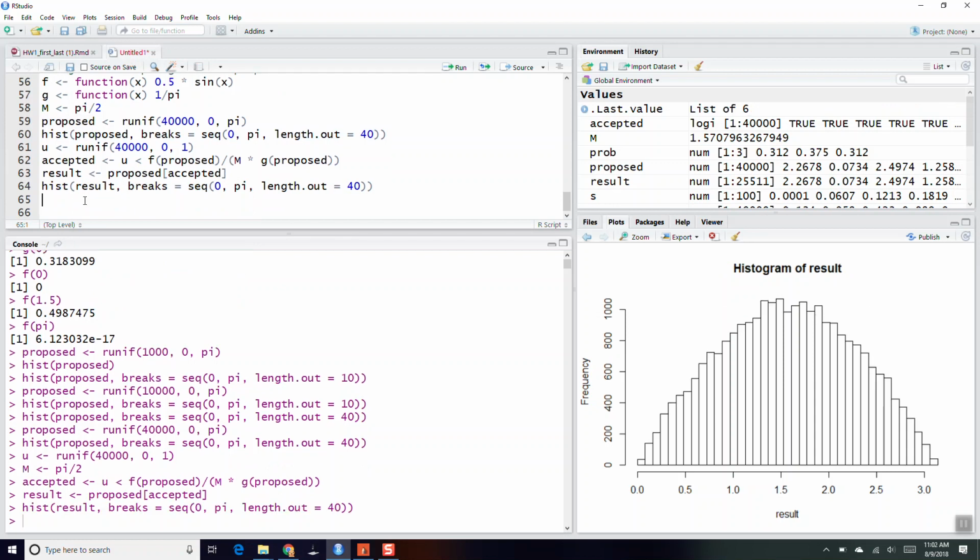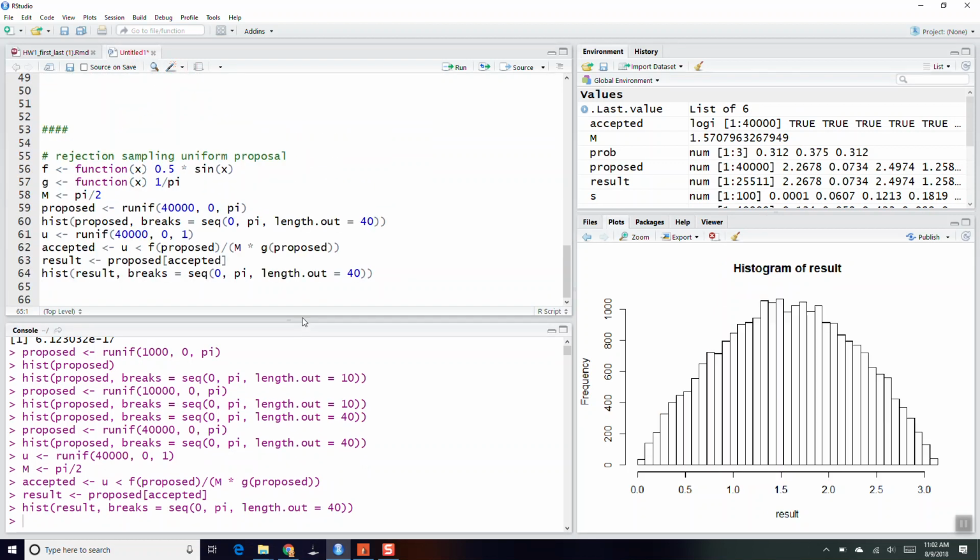Okay, and this looks a lot like the desired PDF. Okay, does this make sense, what I just did here?